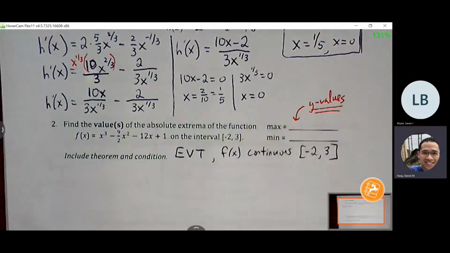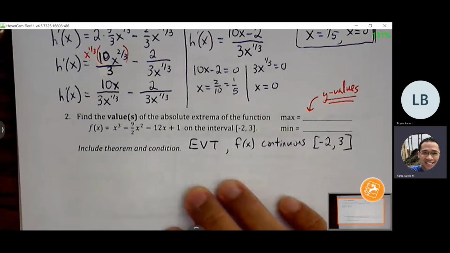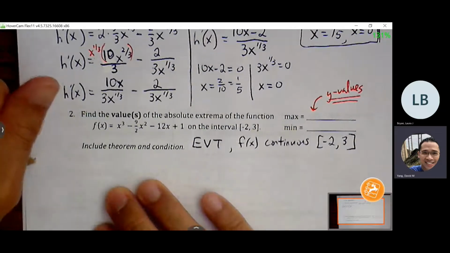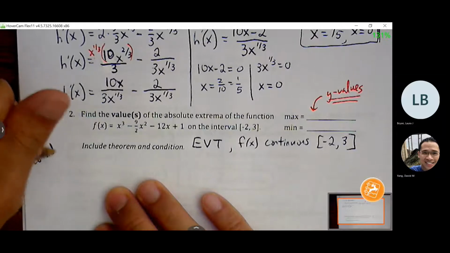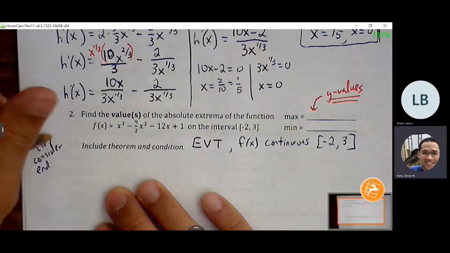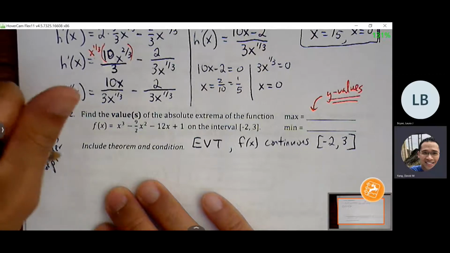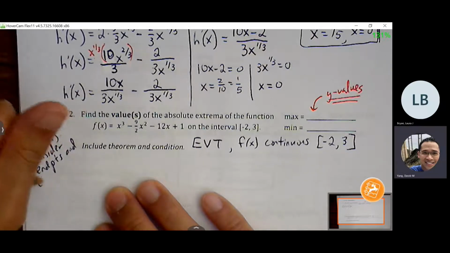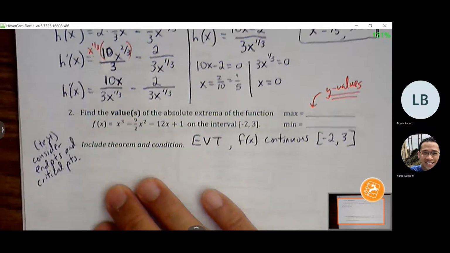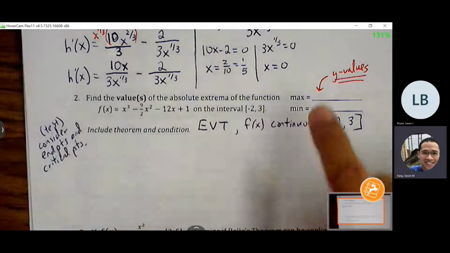Okay. And we know that we have some candidates to consider. We have to consider endpoints, and we have to consider critical points. Or we need to test endpoints and critical points. We already have endpoints to test.